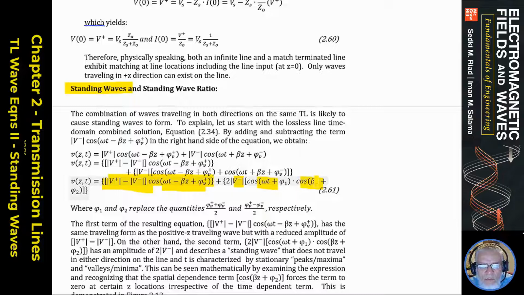And there could be another location where the cosine is equal to 1, and the time variations here basically change the amplitude. So the nulls of this component are not going to move. The nulls here, or the zeros, are going to be moving. The phase is constantly shifting in this case, while here the phase is not going to be shifting. When a position has a 0 magnitude, it's not going to go anywhere.